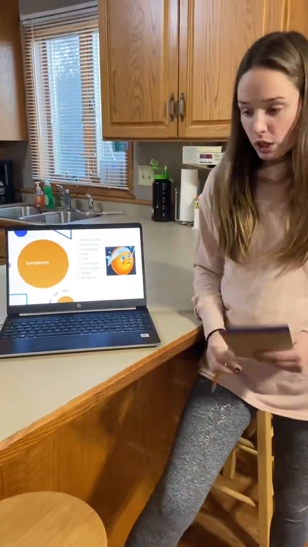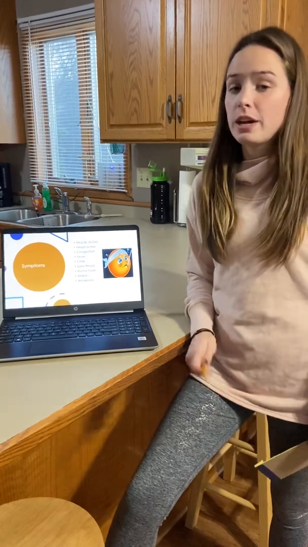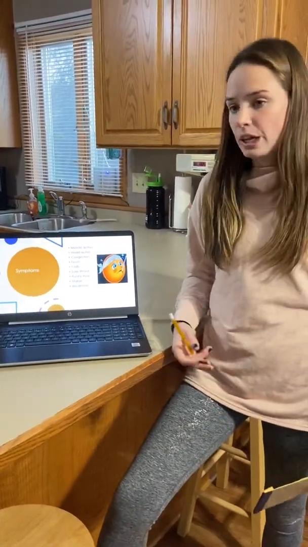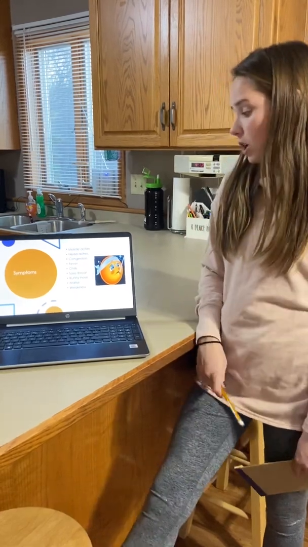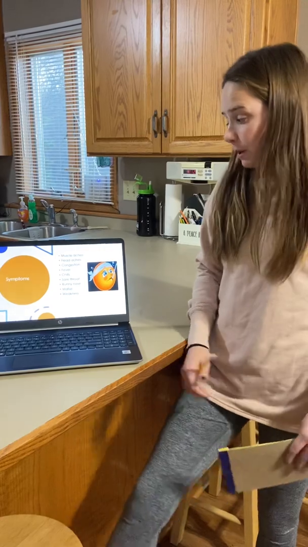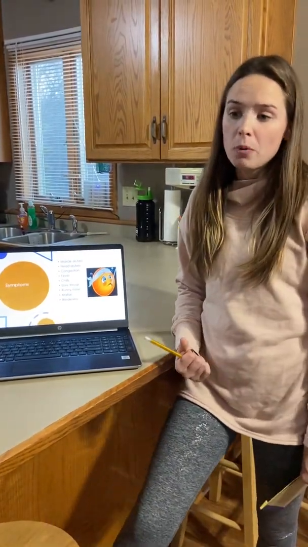Symptoms. So like I mentioned earlier when I described what influenza was, now we're going to go into more depth of symptoms. So symptoms are muscle aches, so if you're sore in your body, it might be a symptom. Headaches, or people often call them migraines.